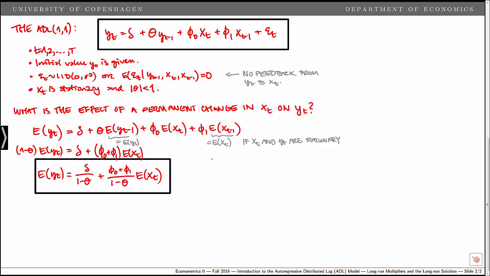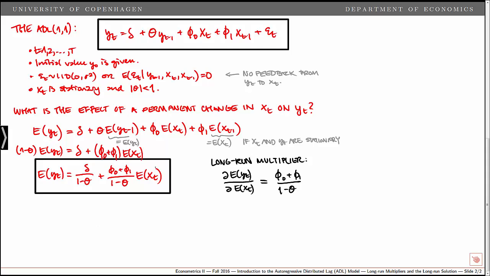From this expression, we can see that the long-run multiplier, which is defined as the derivative of the expected value of y_t with respect to a change in the expected value of x_t, is equal to (phi_0 plus phi_1) divided by (1 minus theta). So that's the coefficient here.